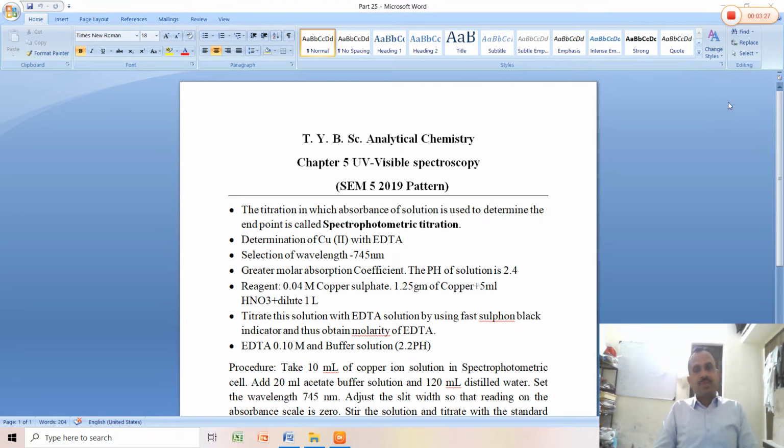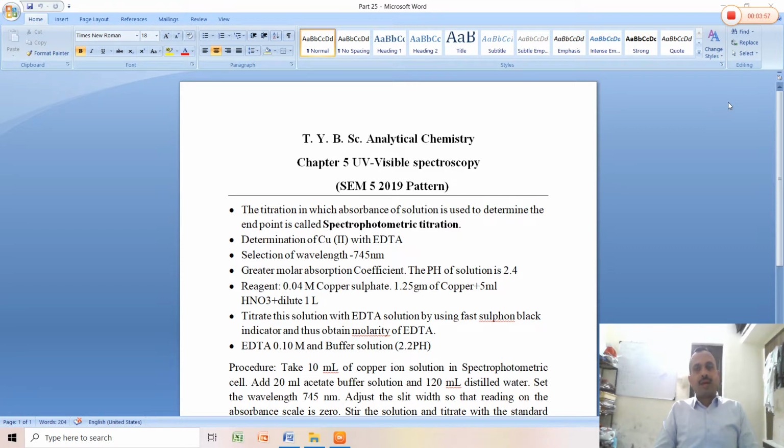In that procedure, when we use the blank solution, we determine the zero absorbance in colorimetry. After that standardization with the help of the blank solution, we further proceed to the determination of lower to higher concentrations of copper solution.